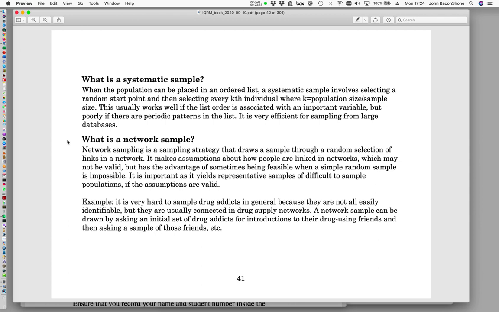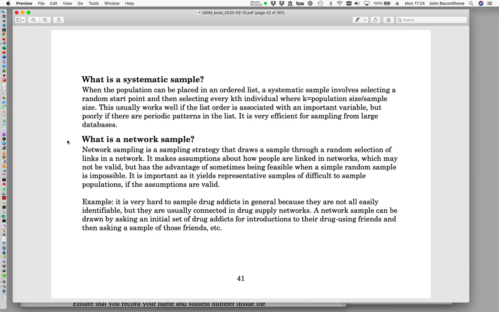So the idea of network sampling is a sampling strategy that draws a sample through a random selection of links in a network. So that sounds rather vague and abstract. So let's try and be more specific. So it assumes that the network is all connected up. Okay, that's the key underlying assumption, which may not always be valid.